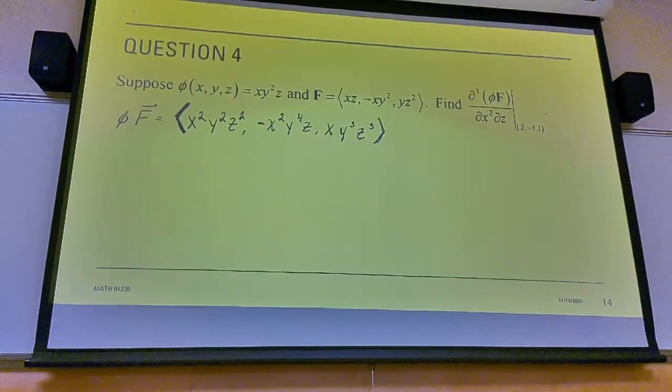Now to find the partial. Remember, the order in which we take the partial doesn't matter. So what do you want to do first? Partial z. You want to do z first?